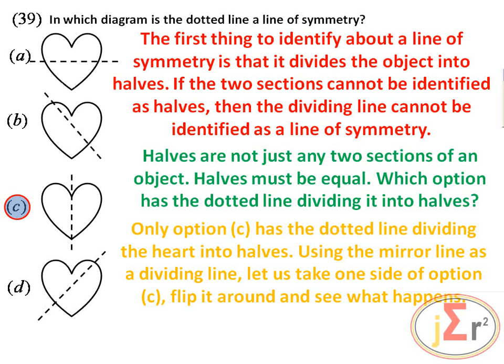Using the mirror line as a dividing line, let us take one side of option C, flip it around and see what happens. So we are going to take half of option C and do the same thing and see what happens.